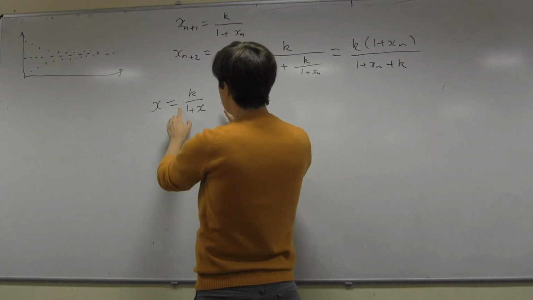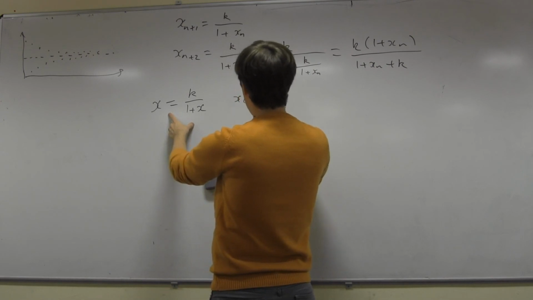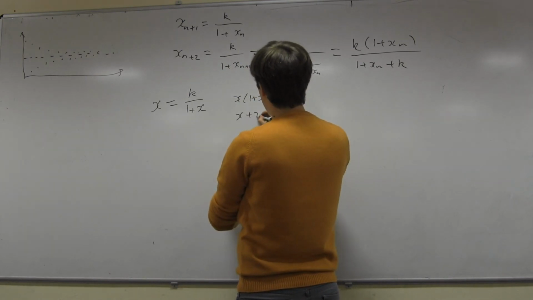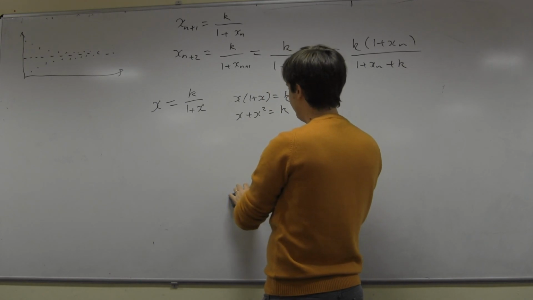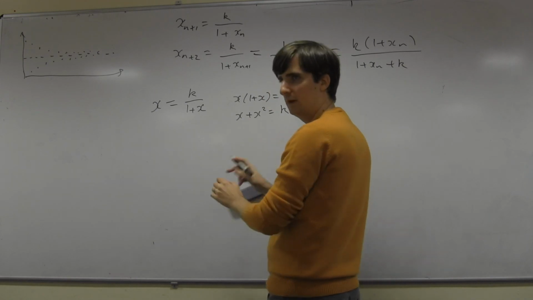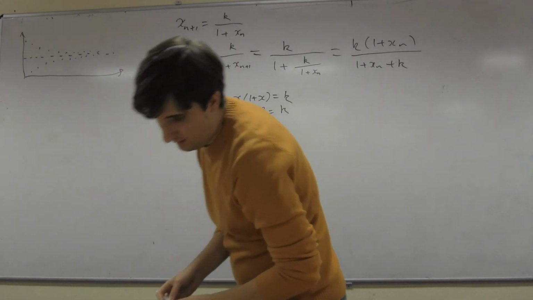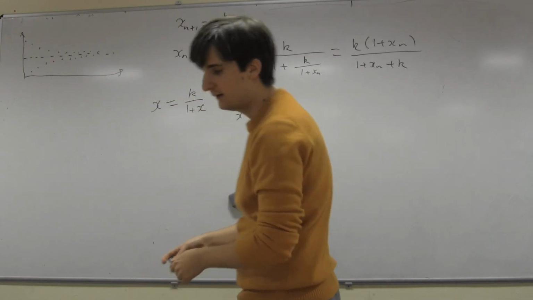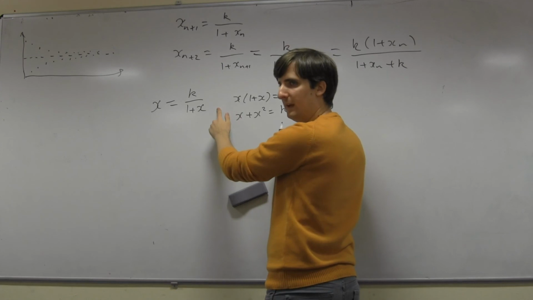So x times 1 plus x is equal to k, so x plus x squared is equal to k. We have to prove that as well. So that's why this is the obvious guess for what the limit would be.